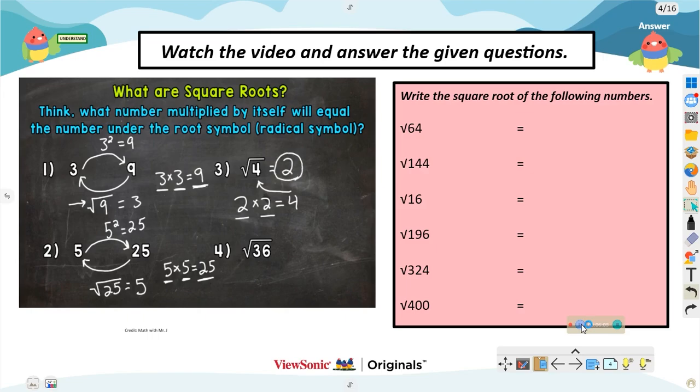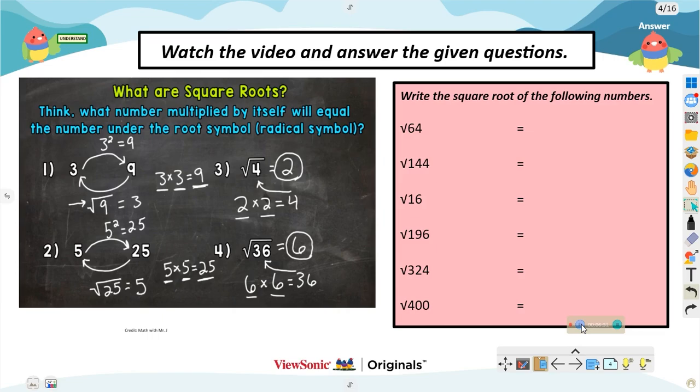That's our final answer. And lastly, number 4, we have the square root of 36. Well, we know 6 times 6 equals 36. So the square root of 36 equals 6.